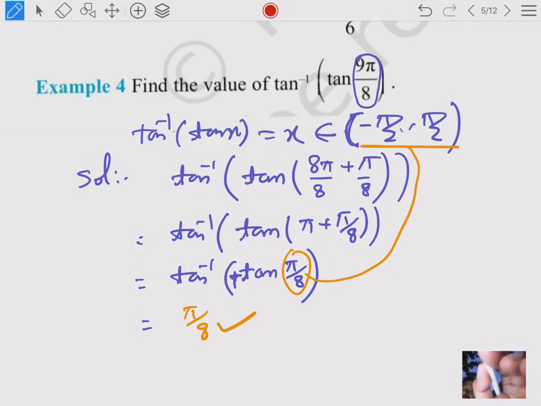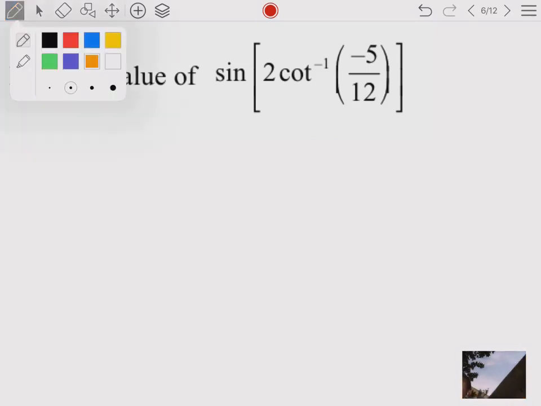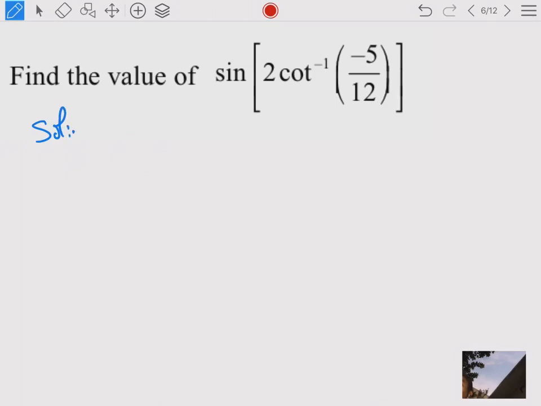Okay, now we'll discuss the next question, this is a very important question. Find the value of sine of 2 cot inverse of minus 5 by 12. So now students, again, if you want to solve it, here sine 2 cot inverse, but we have recently read the formula for tan inverse.